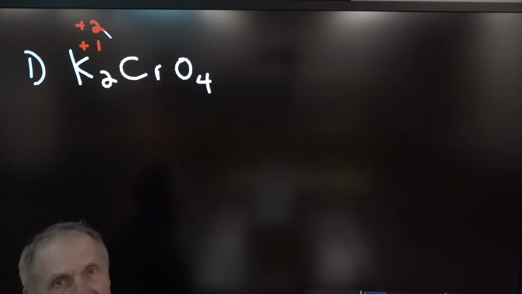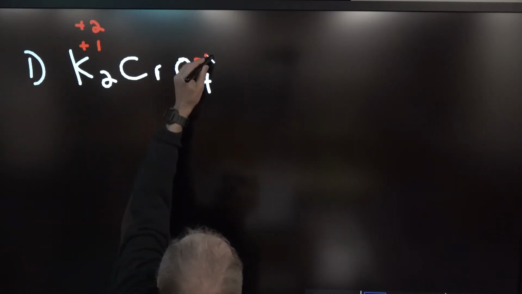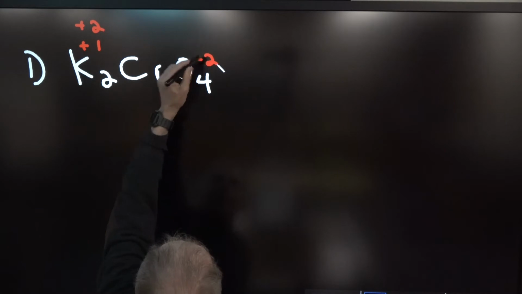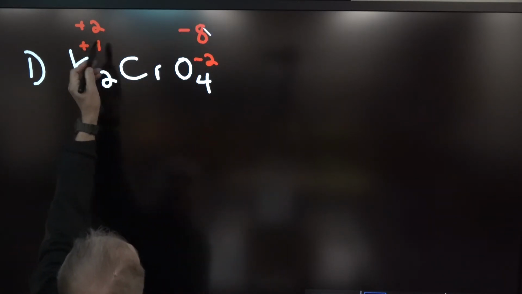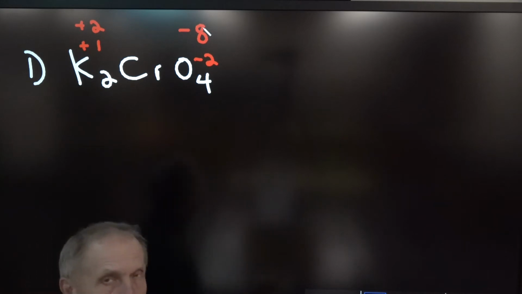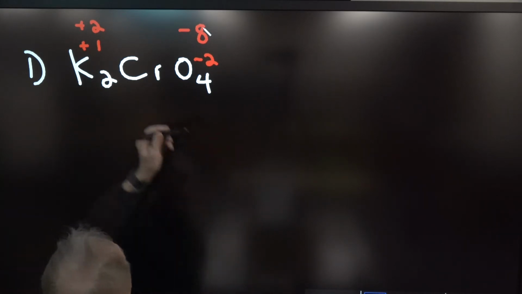Now, we don't know what chromium is. It's got a couple oxidation states, but we know what oxygen is. -2. And that's 4 times a -2. That's a -8. So I've got a +2 and a -8. Chromium should be a +6.